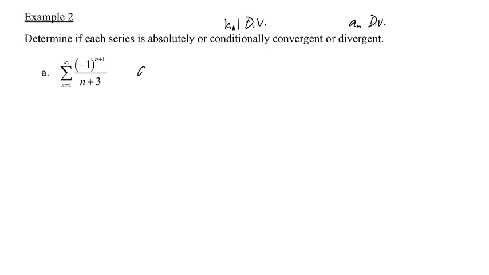This is going to be kind of tedious, but let's take a sub n as 1 over n plus 3. Then I'm going to say a sub n is greater than or equal to a sub n plus 1. So 1 over n plus 3 greater than or equal to 1 over n plus 4. N plus 4 is definitely greater than or equal to n plus 3.